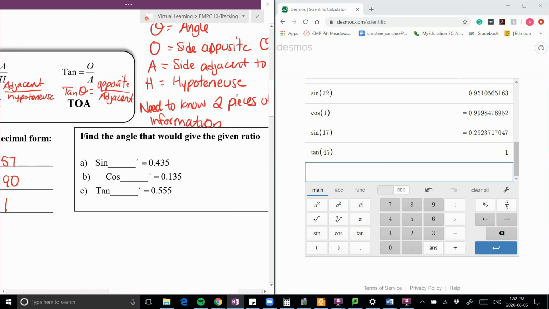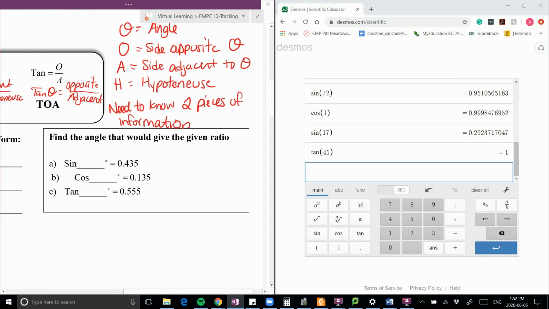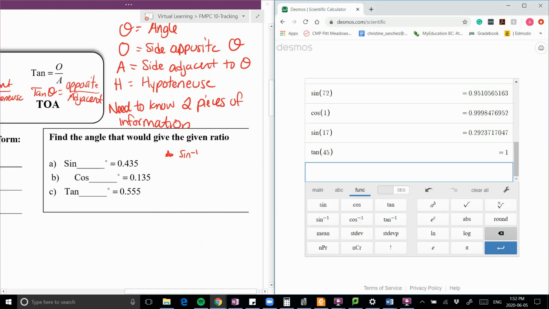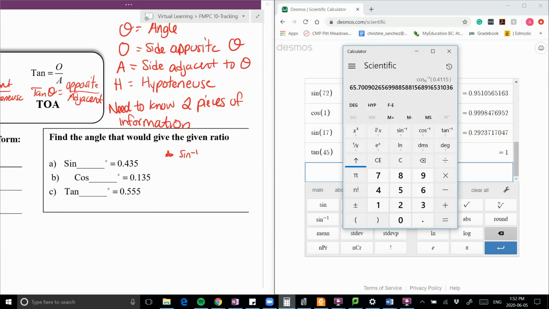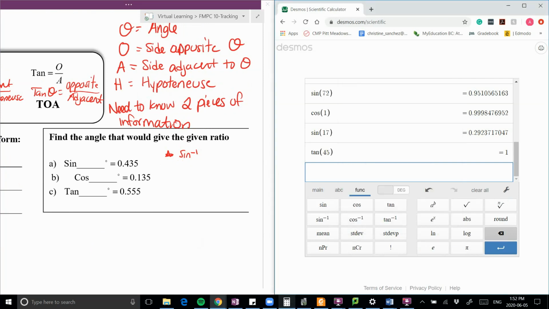If we're looking for theta, the missing angle, we're going to have to use that inverse function, which remember requires that second floor button on a lot of calculators. So on this calculator, there's a function button. On a lot of other calculators, it requires an up button or like a second floor button.